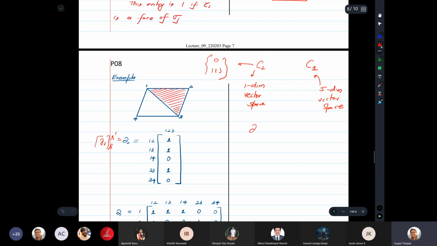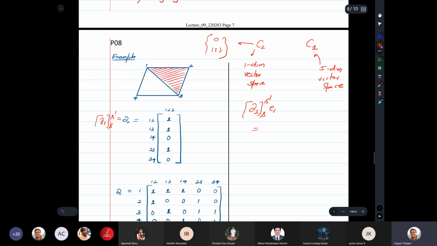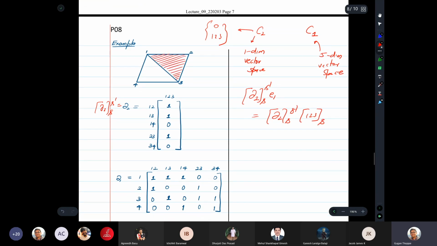Since this has only one column, let's say I want to find the first column, so I multiply it with E1. This is equivalent to DABA2 S prime of the coordinates of 1, 2, 3 with respect to S, which is equal to DABA2 of 1, 2, 3 in S prime.